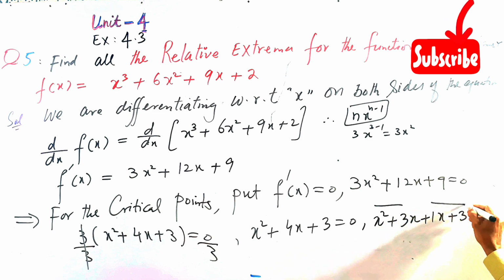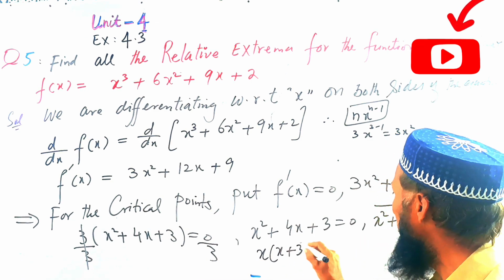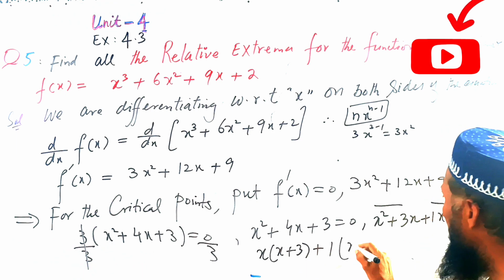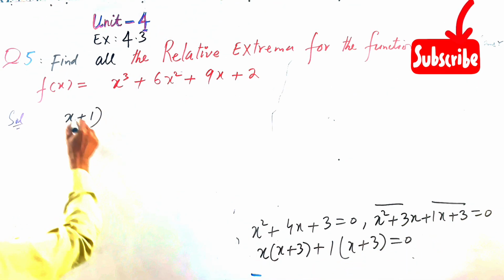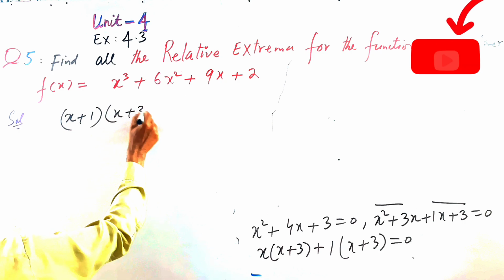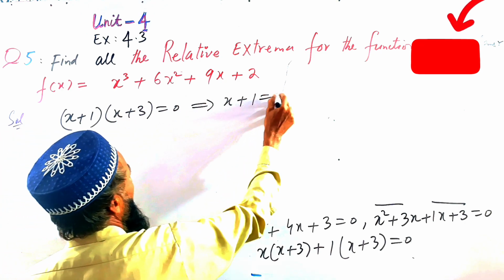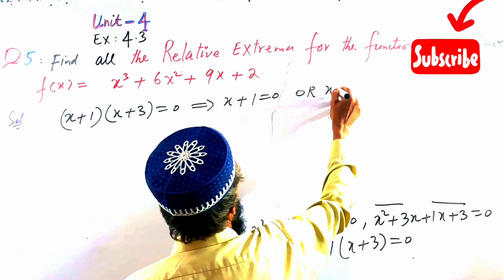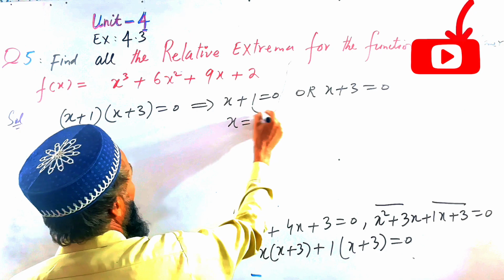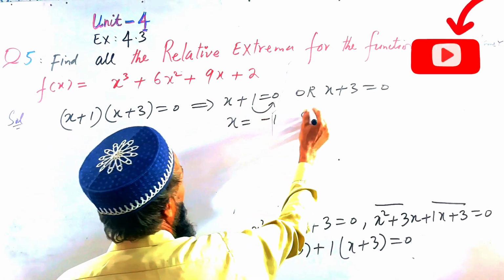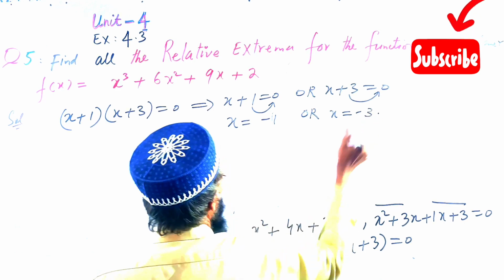Now we make pairs: x is common, x + 3, and 1 is common, x + 3. So x + 1 = 0 or x + 3 = 0. Then x = -1 or x = -3.